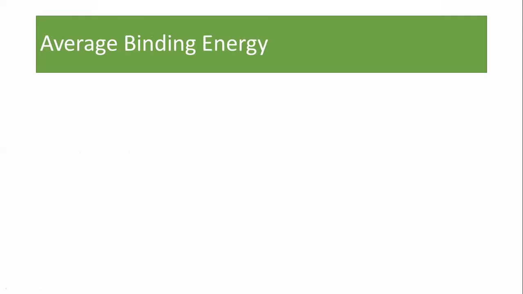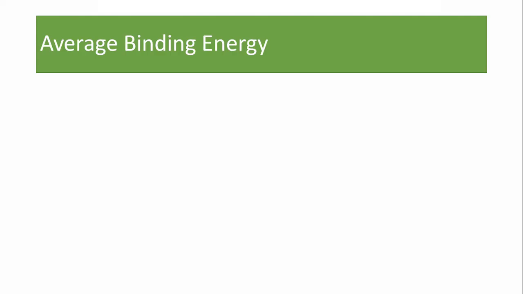So why do we need the average binding energy? Because now we are going to compare the binding energy of one nuclide with the binding energy of another nuclide. As a common practice, if you move from hydrogen to, let's suppose, uranium, the number of protons and neutrons are increasing.